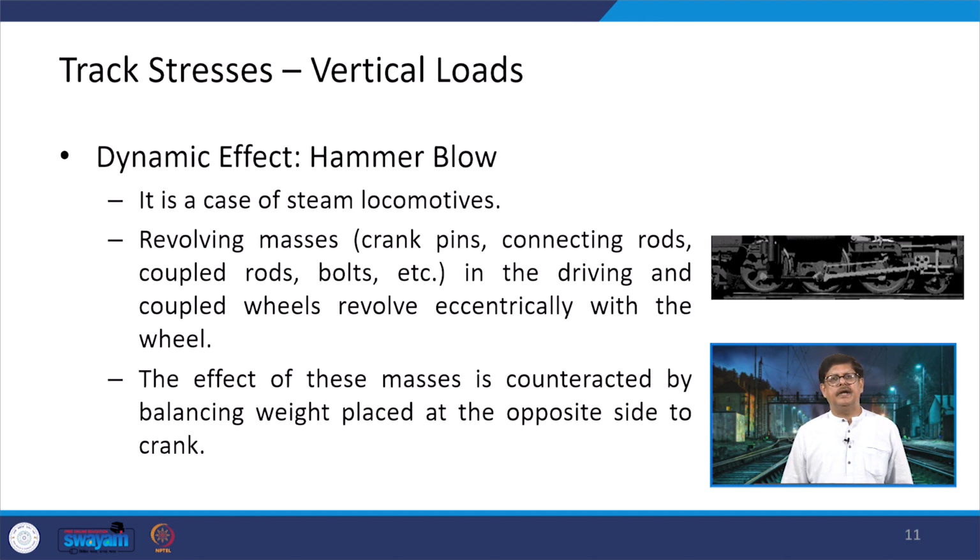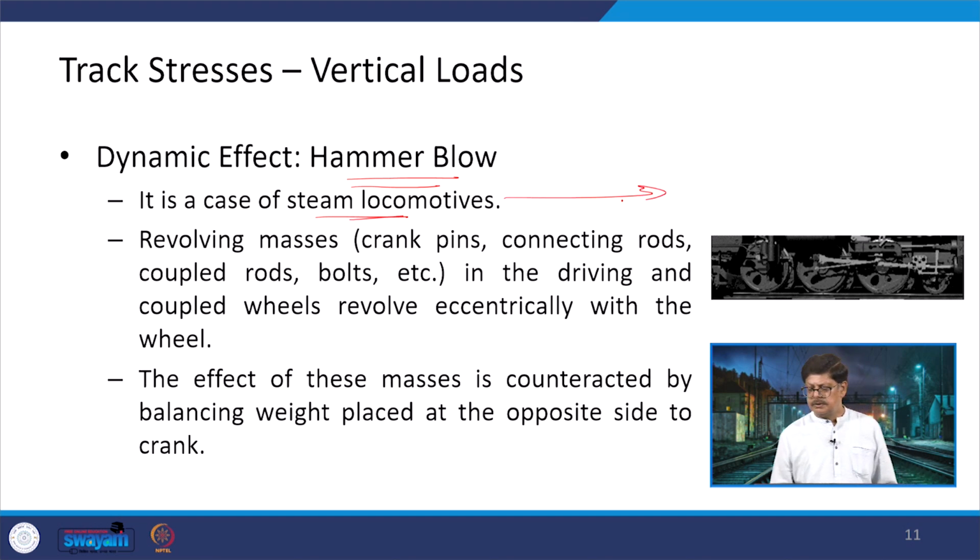Now, another dynamic effect can be in terms of a hammer blow. What is hammer blow? Here you can see a steam locomotive being shown. These coupled wheels are there, and when it is moving ahead, the crankshafts which connect the different wheels keep moving, sometimes up and sometimes down.